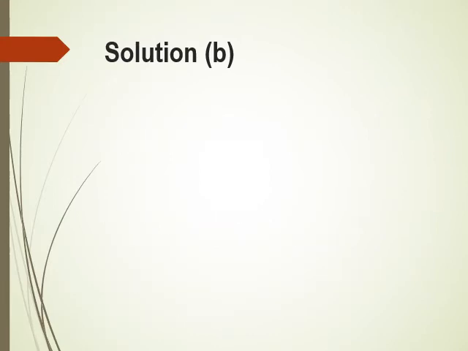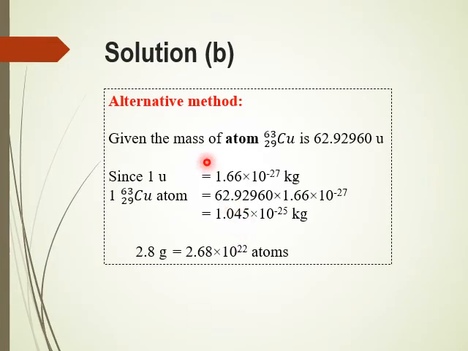There is an alternative method that can be used to calculate the number of atoms in a copper coin, with the condition that the mass of the atom is given. So given the mass of the atom is 62.92960 u. If you look at the list of constants, it tells you 1 u is equal to 1.66 times 10 to the power of negative 27 kg.